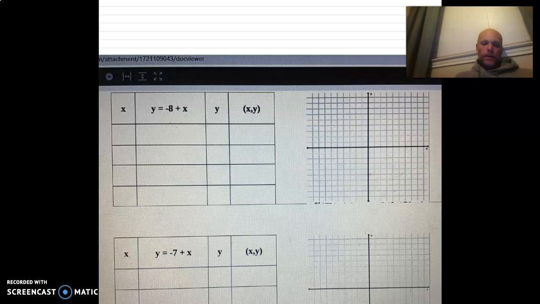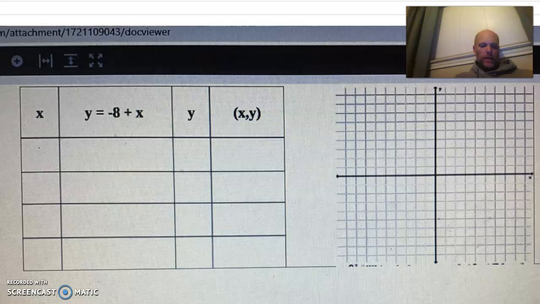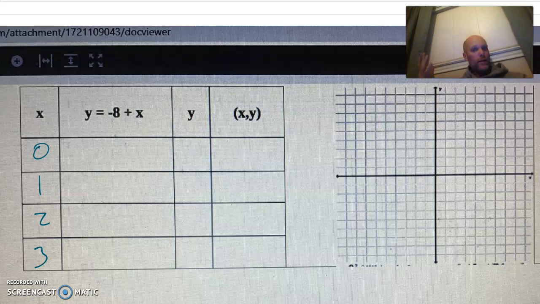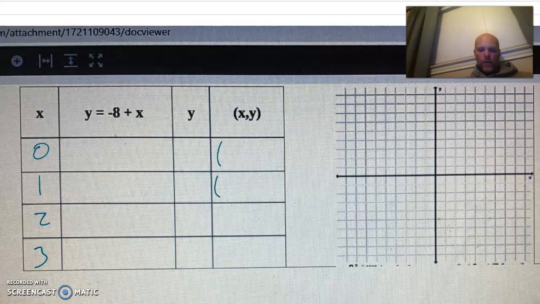So for this first one, my x, I'm going to do 0, 1, 2, and 3. Why not? That would be the easy way to go. So we already know in our ordered pair what our x is going to be: 0, 1, 2, and 3. So all we have to do is find the y by using the rule.